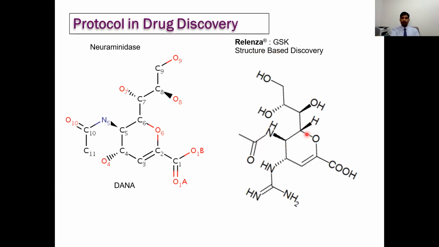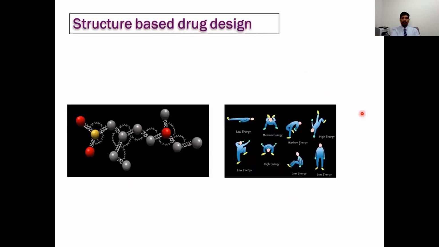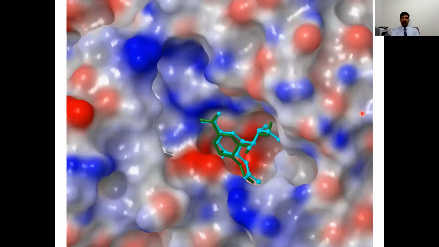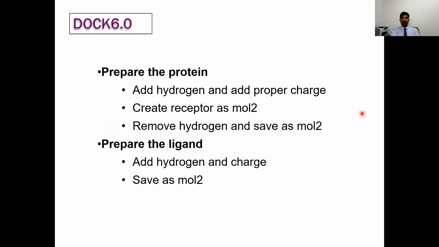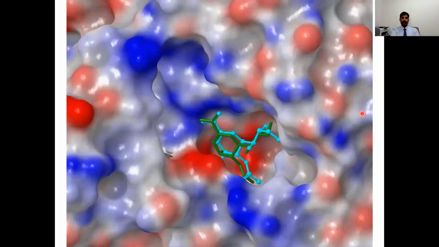When it binds to the same target at the same active site, it gives the same effect. So this resulted in a drug for the influenza A virus. That is how you can do the binding assay, the docking assay, to find possible drugs.